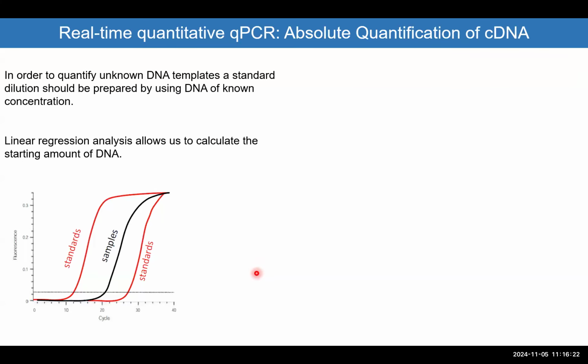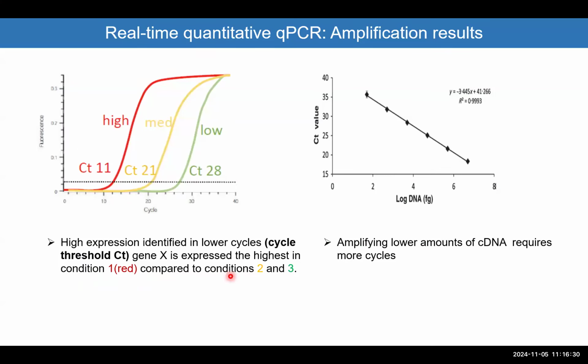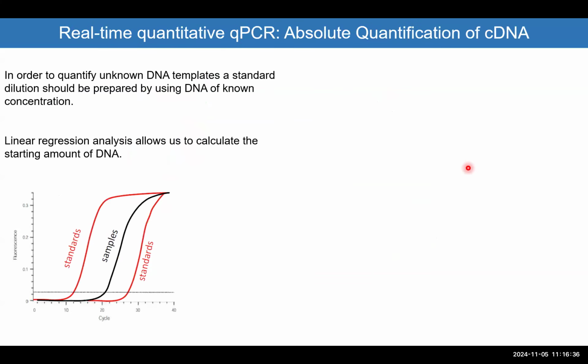So how do we quantify in terms of the absolute numbers? For the absolute numbers I just described, you need to perform the qPCR, you need to generate this curve, and from this curve, you will get many standards, and all you need to do is say, oh, this sample is, for example, at cycle, let's say, 22, and from there we can calculate.